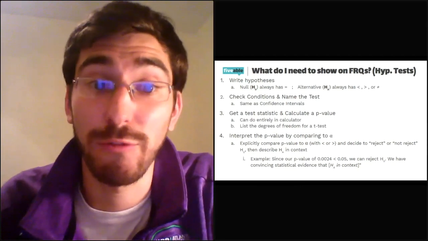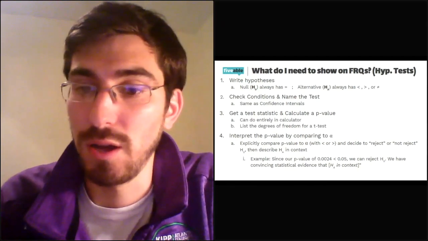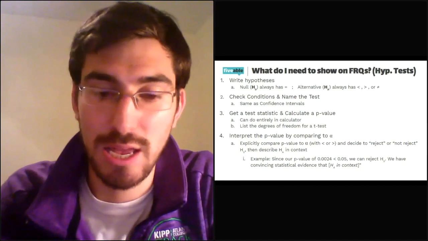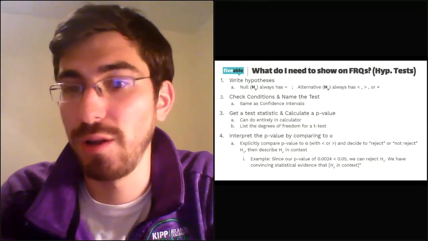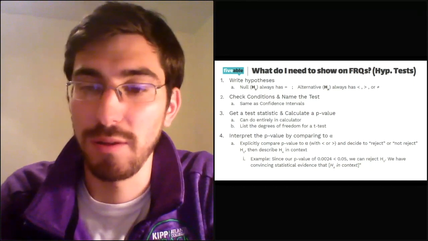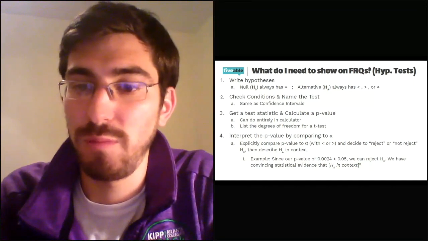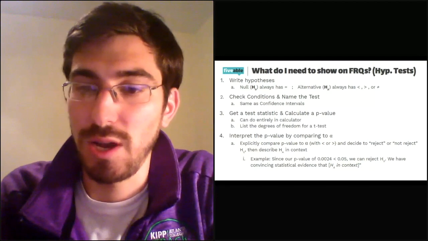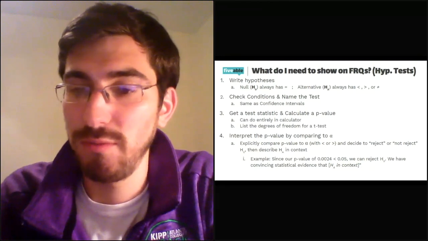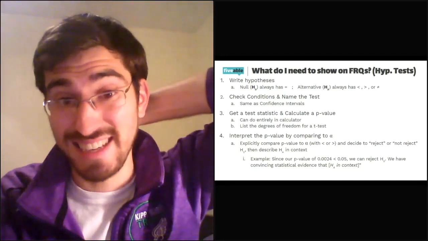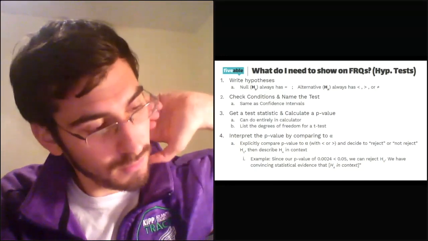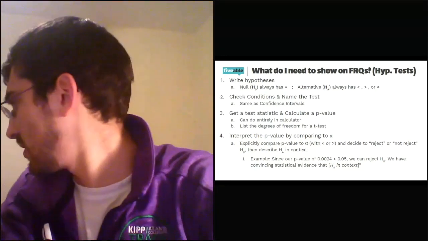So the test statistic for matched pairs: the statistic is mu1 minus mu2. The parameter is always going to be 0. And then you're going to divide by the standard error. What is the standard error for our matched pairs test?